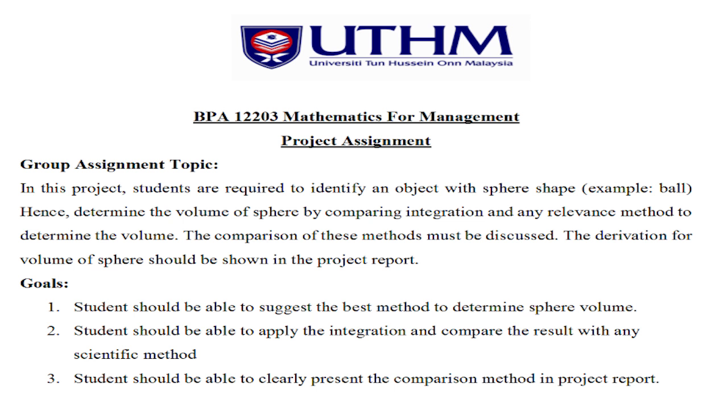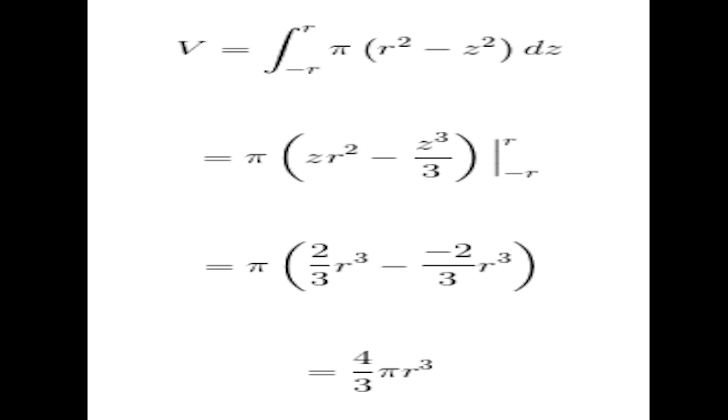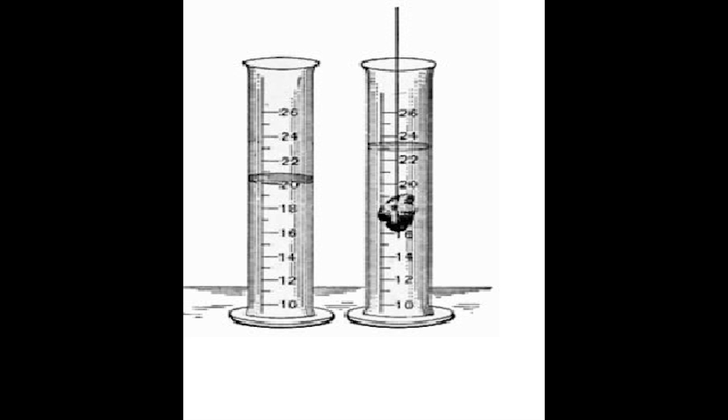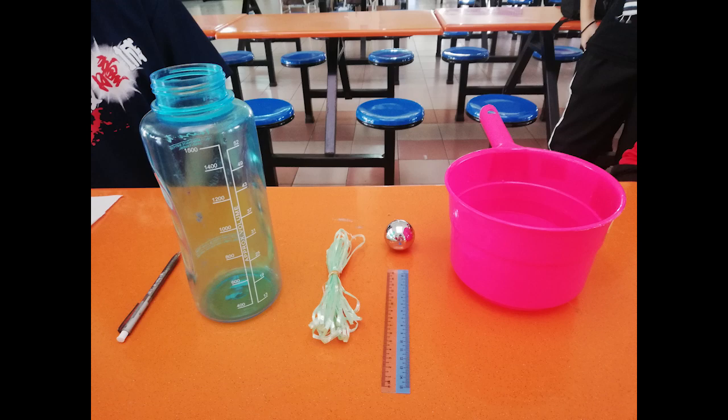As a result, we use the formula of integration and water displacement to compare and find the volume of the sphere in this assignment. We use a ruler, a 4 cm ball, a pencil, a water bottle with 600 ml, and a bucket as the materials of the experiment to find the volume of the sphere.